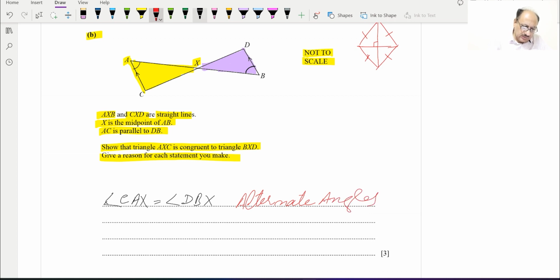Then the second thing which we can mention is angle AXC. This angle will be equal to this angle, vertically opposite angles, so we can write this is equal to angle DXB. So the reason is vertically opposite angles.